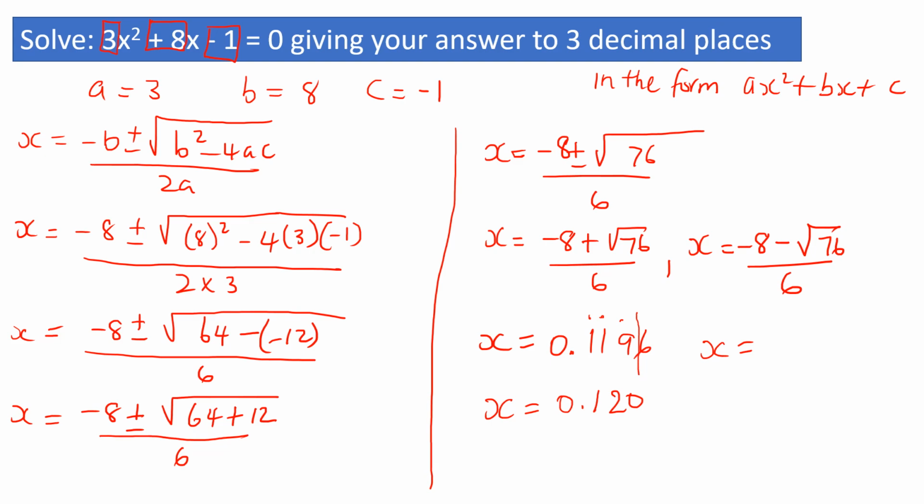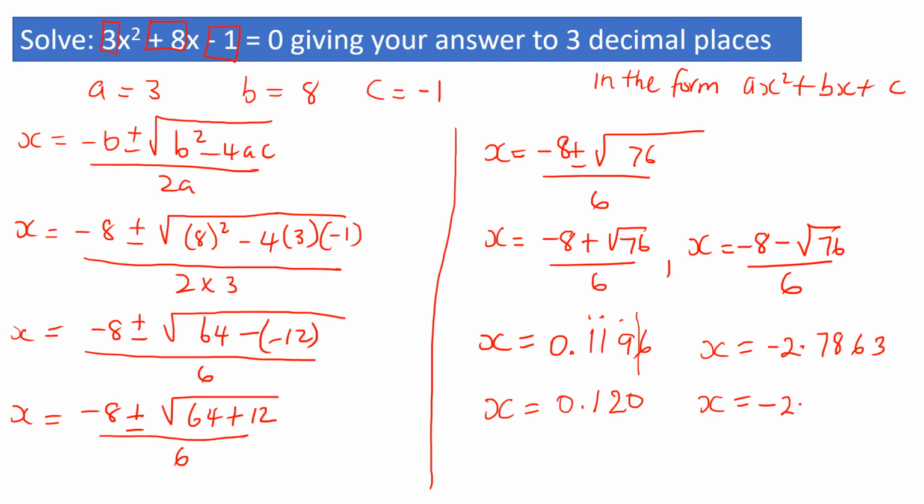That gives me negative 2.786. Now I have a 2-9, so that's going to give me a 3. 1 to 3 decimal places, so negative 2.786.